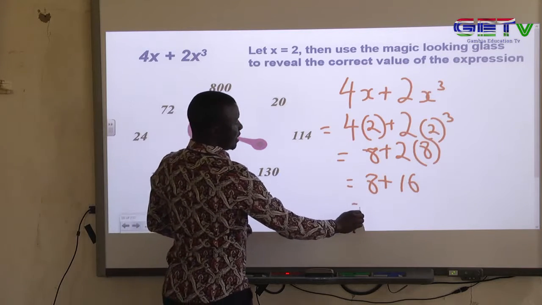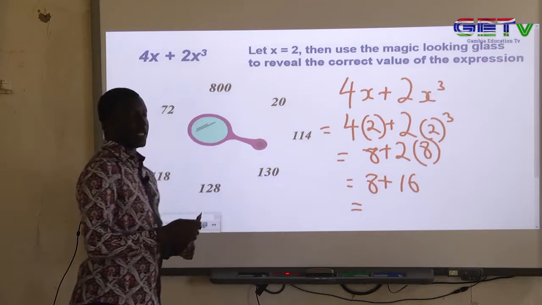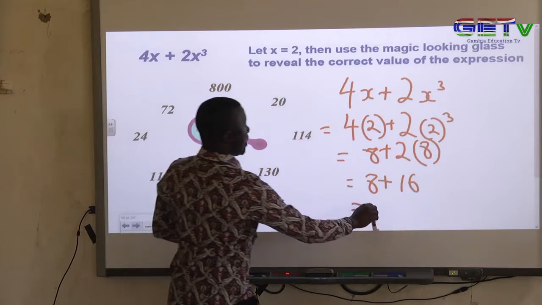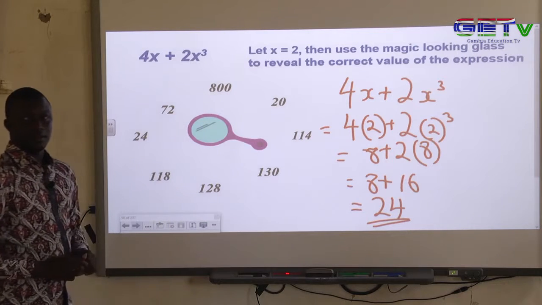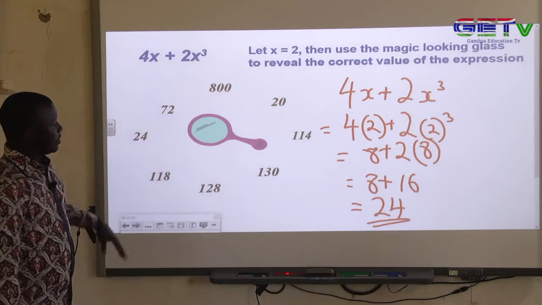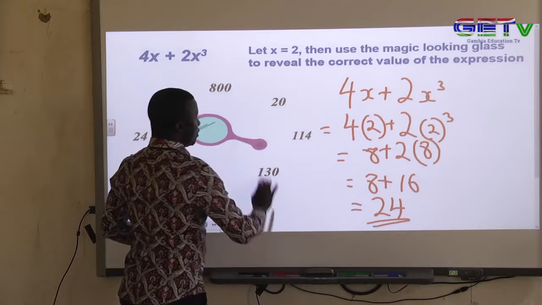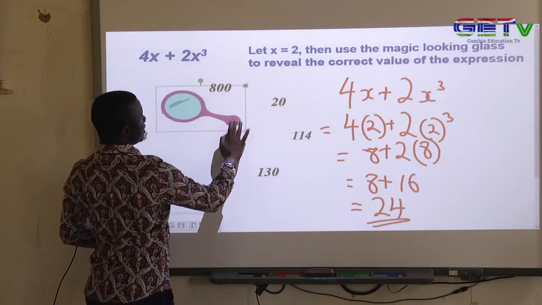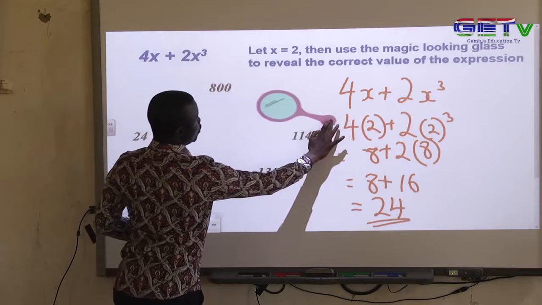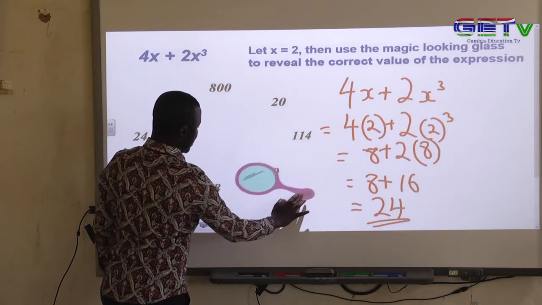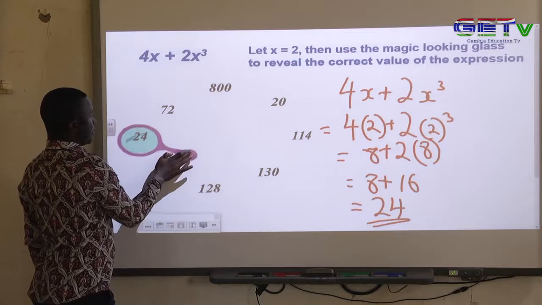And our final answer here shall be 8 plus 16, which is 24. That is our final answer. As we did previously, if you use your magic glass to go over all these numbers, only one would show, because that one is the correct answer, 24.